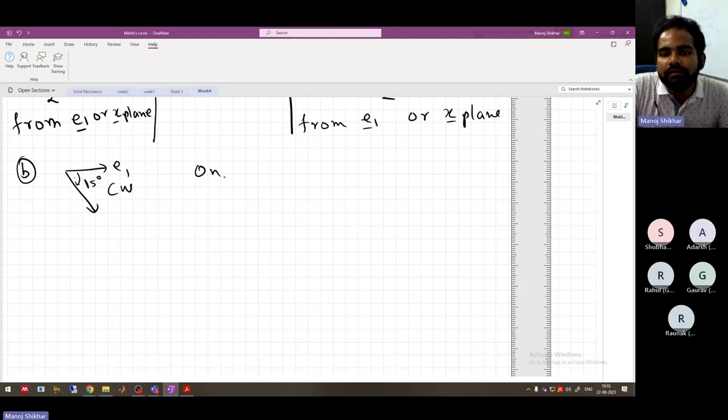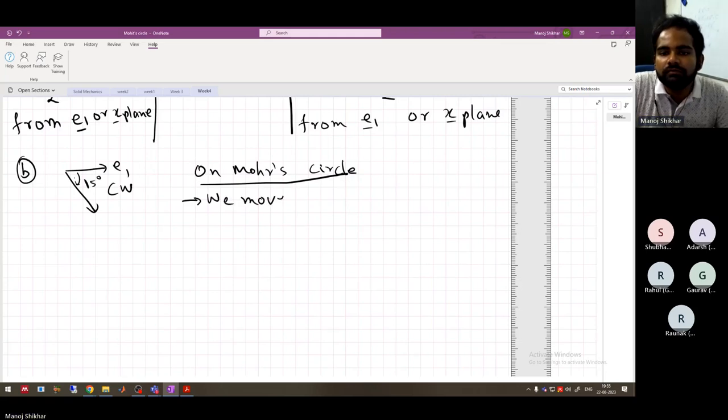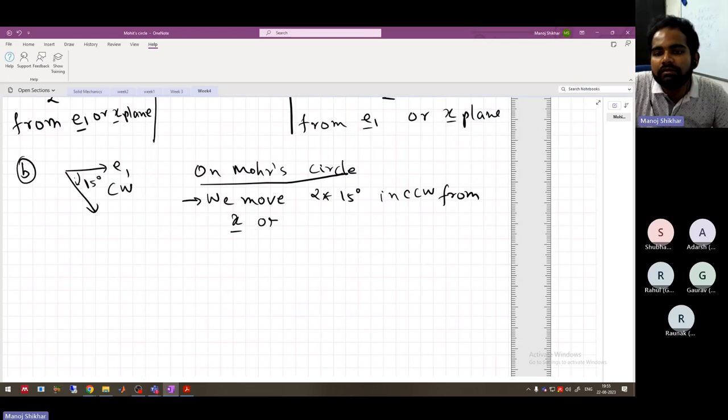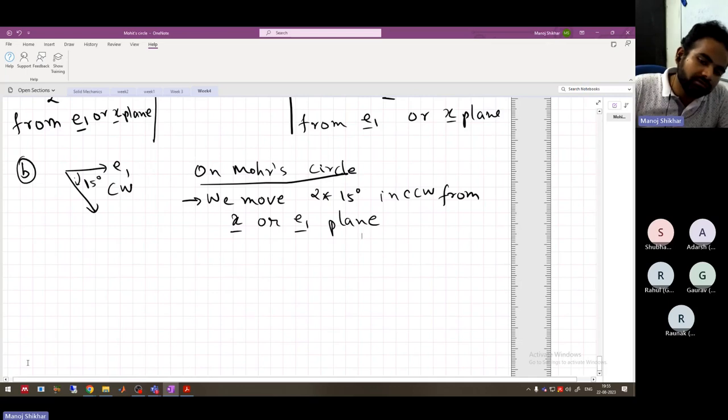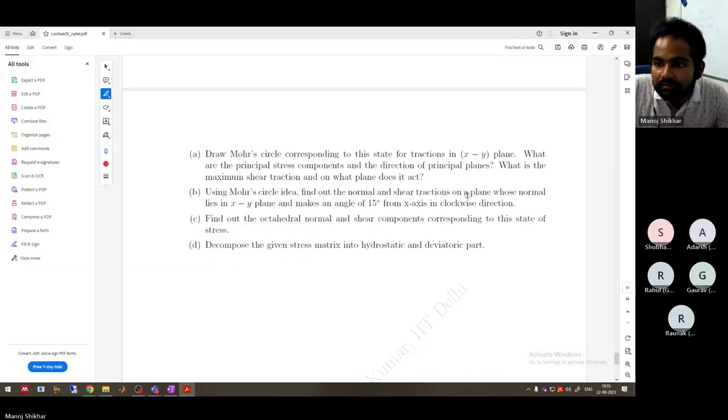So on Mohr circle, what will happen? On Mohr circle, we need to move in counterclockwise direction. So we move 2 times 15 degrees in CCW from X or E1 plane.